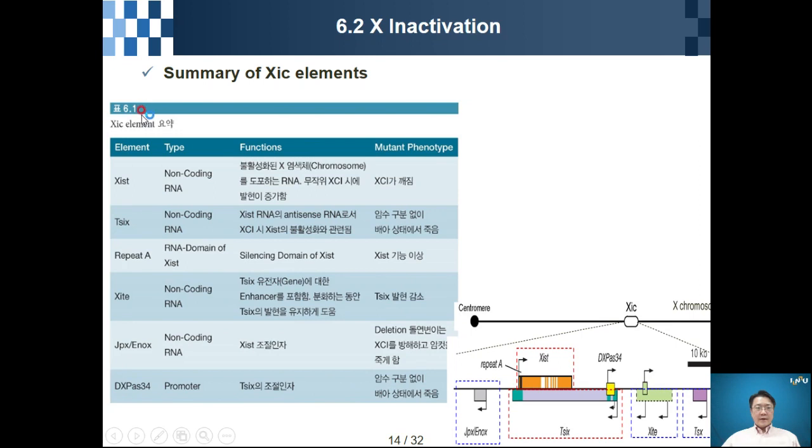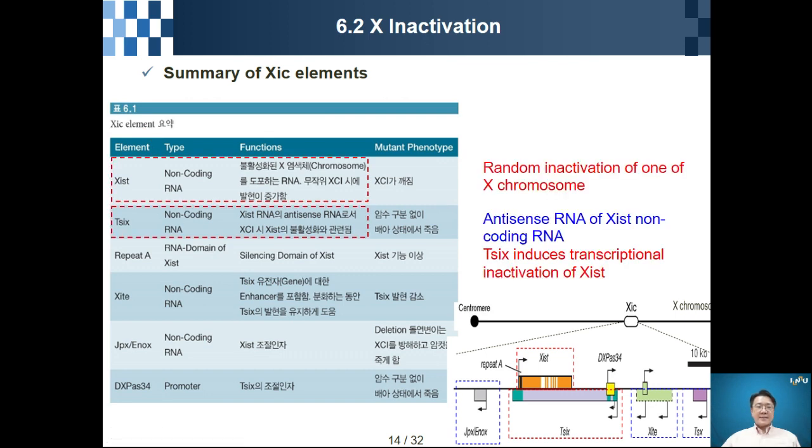Okay, so table 6.1 shows the summary of XIC elements. The main elements of XIC are Xist and TSIX. Xist is a non-coding RNA located here, and TSIX is also a non-coding RNA.